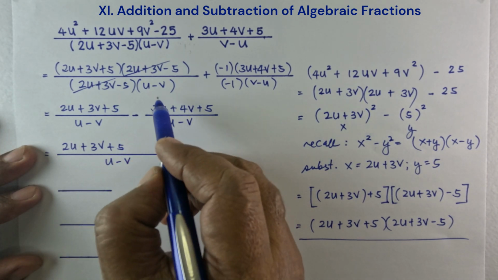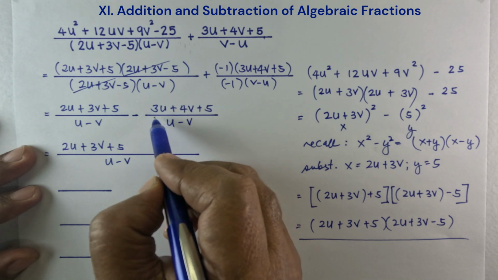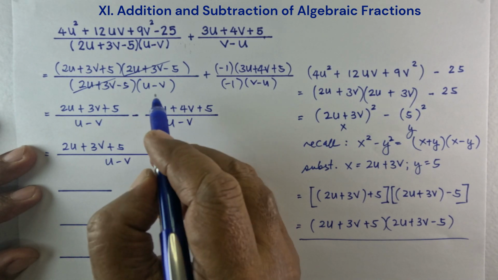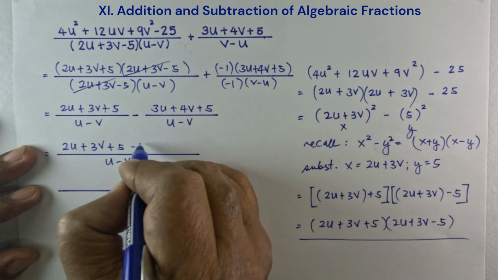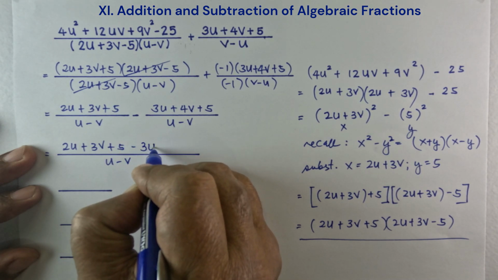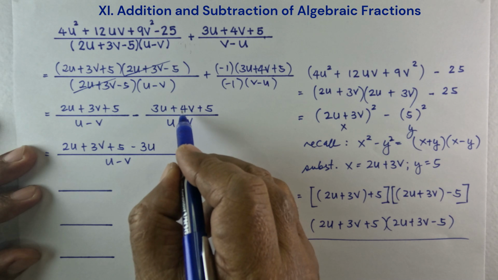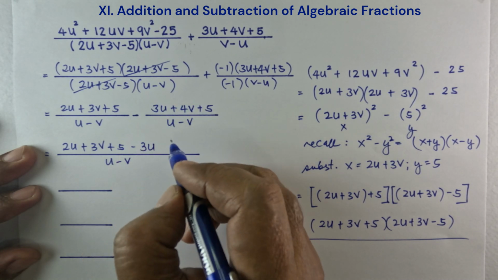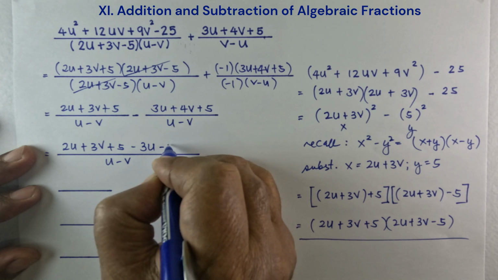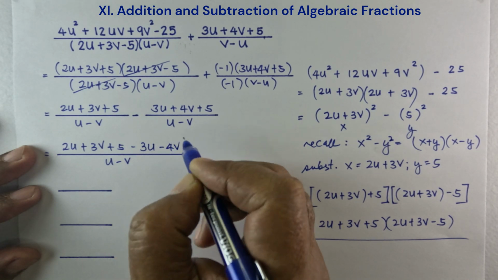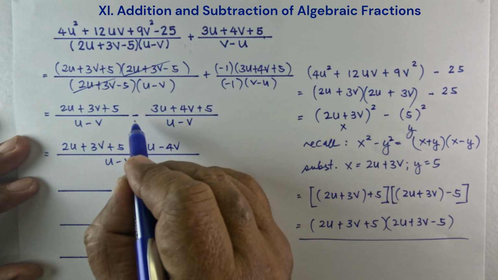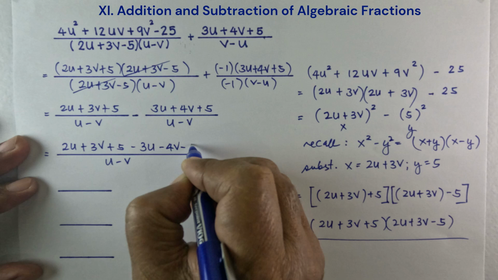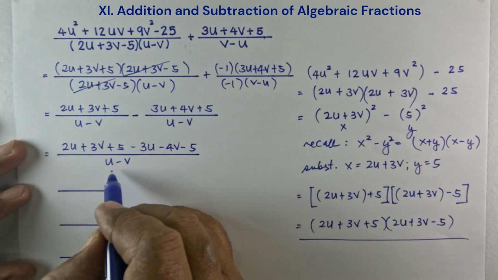Now, that's minus there, so 3u preceded by a minus sign becomes minus 3u. 4v preceded by a minus sign becomes minus 4v. 5 preceded by a minus sign becomes minus 5 over u minus v.